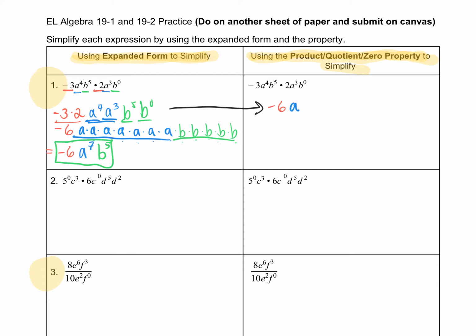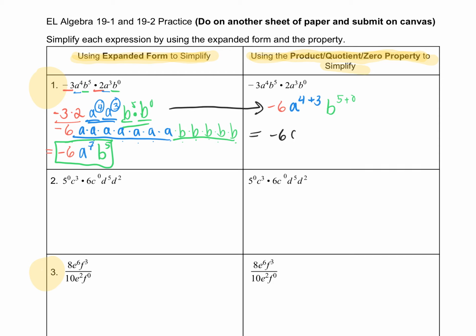So I'm going to write a to the, when I multiply, I'm going to add these exponents. So I have 4 plus 3. Similarly, for the b's, I have 5 and 0. And we are also multiplying b to the 5th and b to the 0 here. So I'm also going to add those exponents. And that's going to help me get to my final answer.